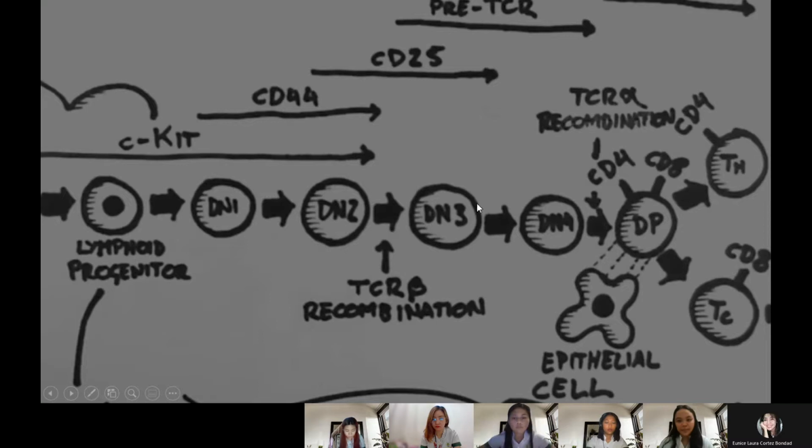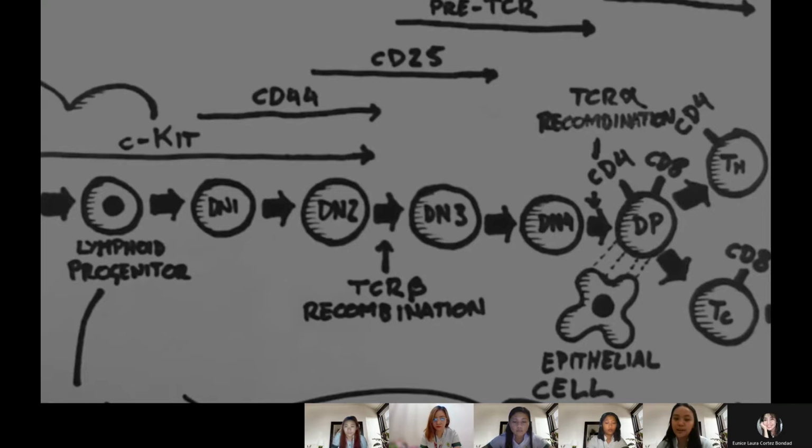And then, moving on, we have here the pre-TCR. Yung pre-TCR natin, ine-express siya, kung makikita niyo sa picture, sa double negative 3 stage and sa double negative 4 stage. Yun yung marker if nandun na sa stage na yun yung cells na yun.